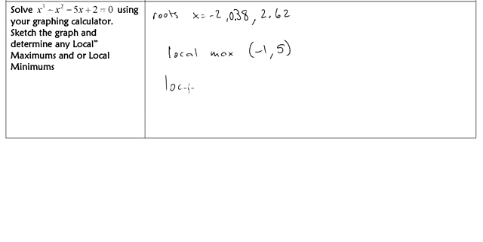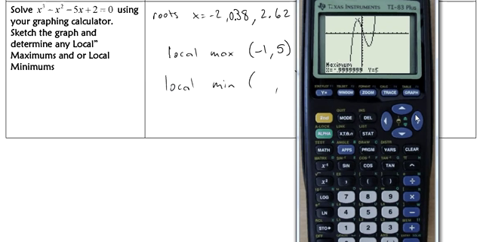And our local min, let's go and find that one now, local minimum, again to the left and to the right.